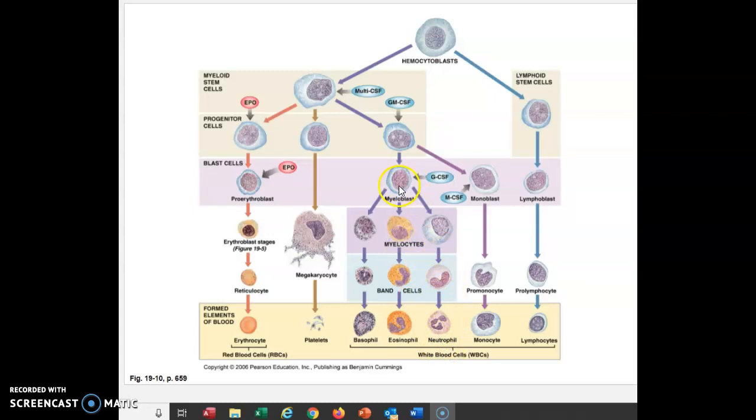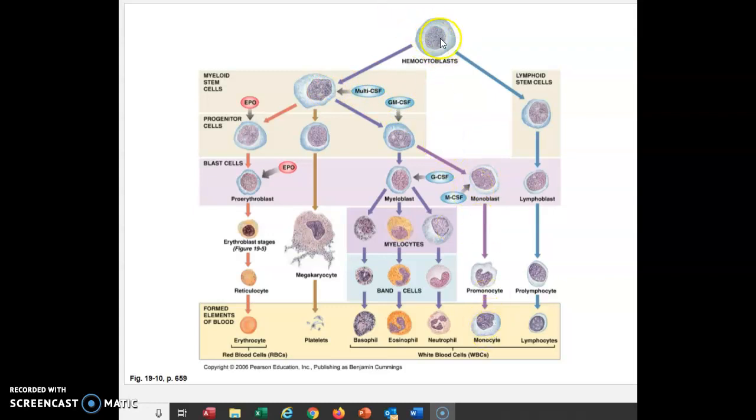Now again, the myeloblasts were cells that were exposed to the GM colony stimulating factor and the G colony stimulating factor, and they can be one of these three. The monocyte was exposed to the monocyte colony stimulating factor and the GM colony stimulating factor and the multi-colony stimulating factor to become a monocyte.